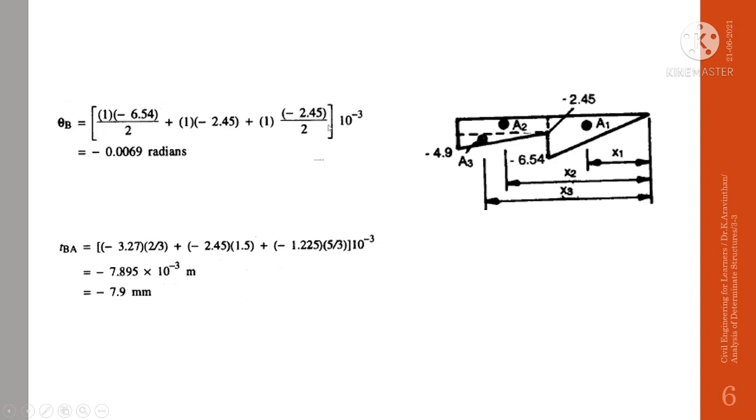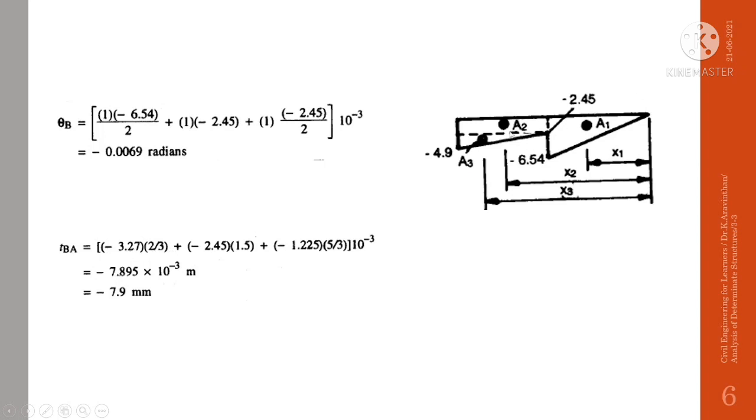If you add all three areas, taking 10 power minus 3 outside, you will be getting 0.0069 radians. And if you need the deflection, you can multiply by the distance. The distance here is 2/3 of base, and the base here is 1 meter. We know the area, so the first area is 3.27 into 2/3 of 1.